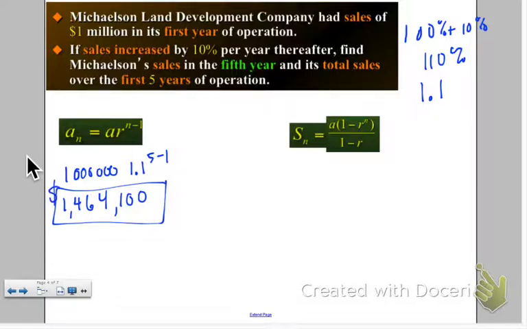To find out how much they made total or cumulatively, it's going to be 1 million times 1 minus 1.1 to the fifth, over 1 minus 1.1.